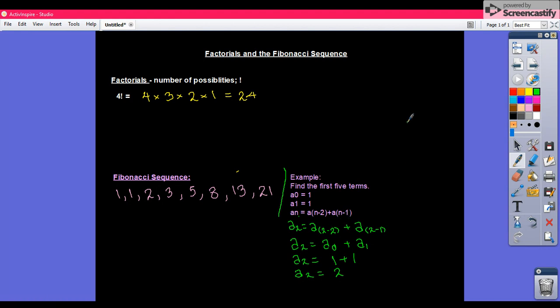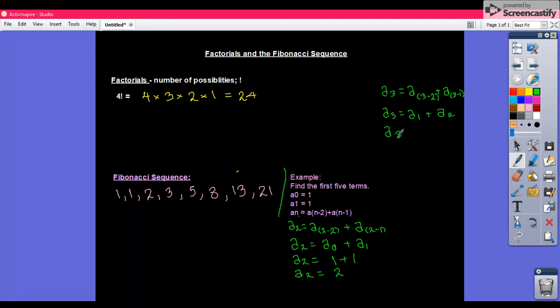And continuing on, I'm changing the n's to 3 now. So following the formula, and mind you, it will not always be this formula, so just keep that in mind. I'm going to write 3 minus 2 plus a 3 minus 1, which means the third term would be me adding the first plus the second.